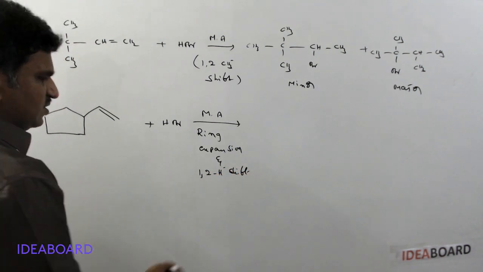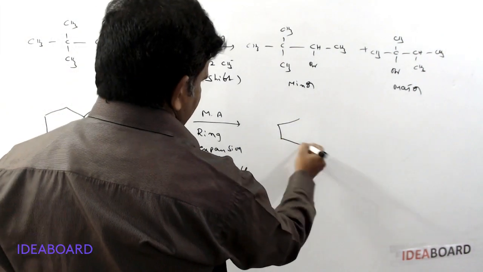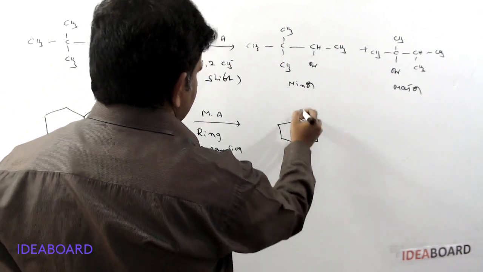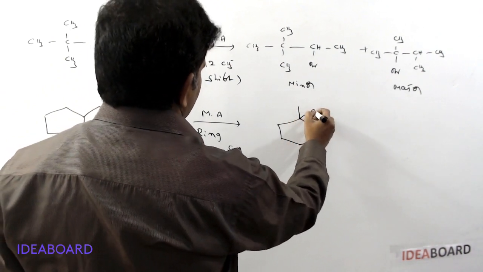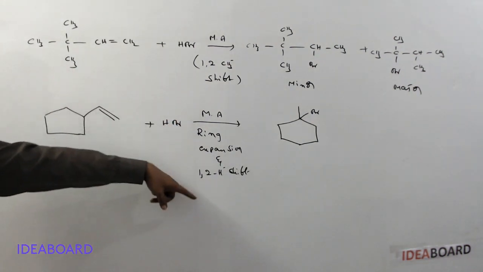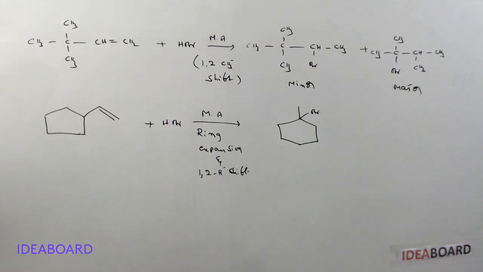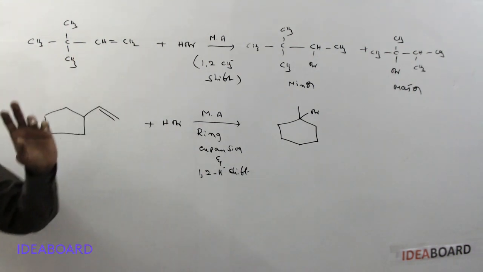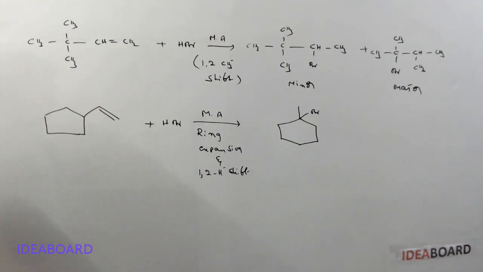Because of ring expansion and the 1,2 hydride shift, the final product must be like this. Here the bromine atom is present. First ring expansion, next hydride shift occurs. So we get a tertiary bromide, with bromine at a tertiary carbon atom. This is Markovnikov addition and the rearrangement reactions occurring in it.